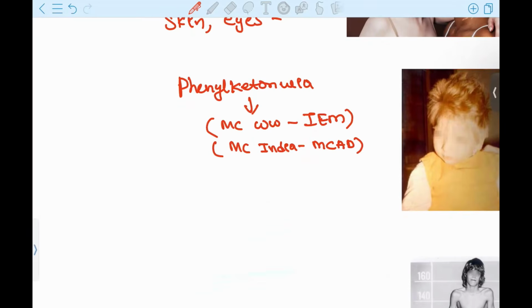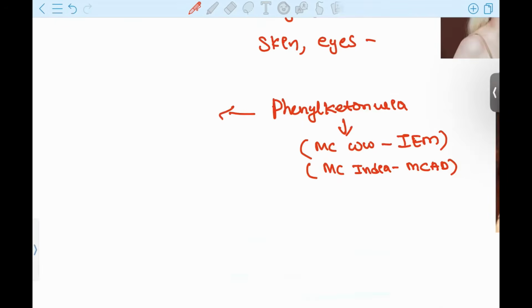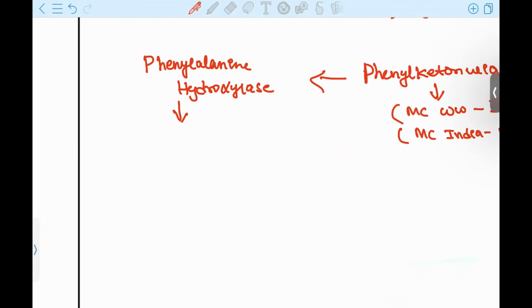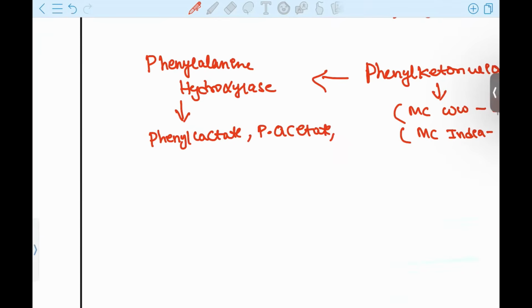How will these patients present? Basically, this is due to deficiency of phenylalanine hydroxylase. So the phenylalanine hydroxylase will be deficient, so whatever phenylalanine is there will be converted into phenyllactate, phenyl acetate and phenylpyruvate.